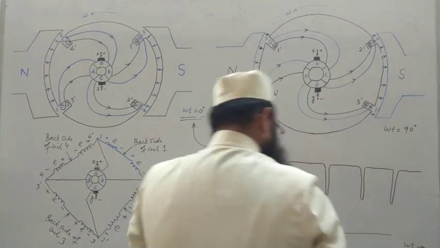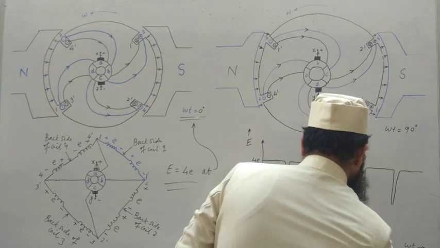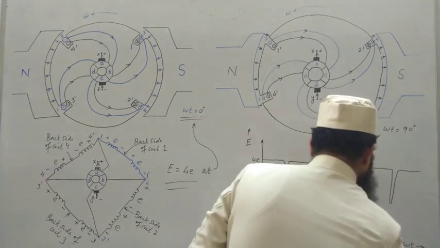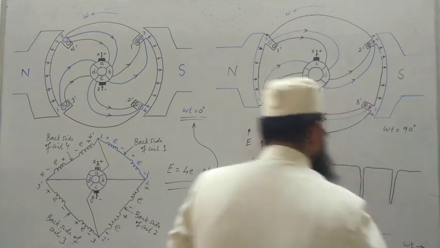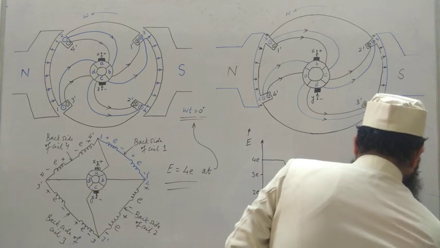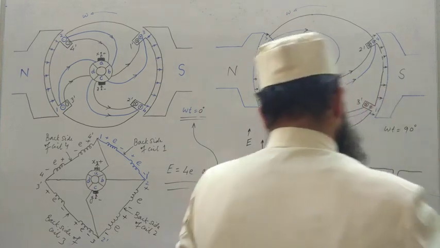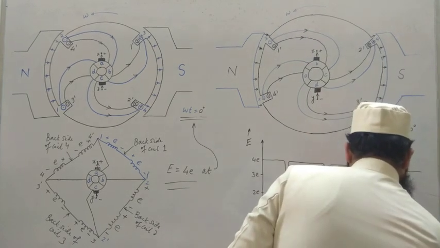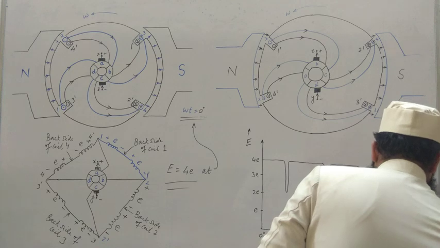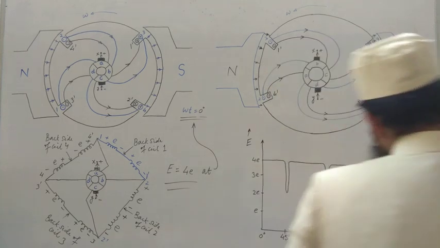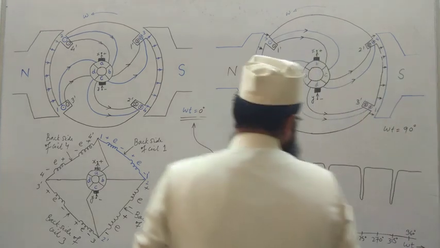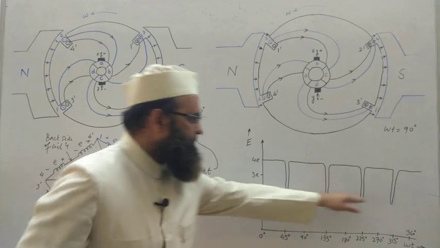Again add 45 degree, so 180 degree, then 225 degree, 270, 315 degree, and again add 45 degree, so here it will be 360 degree, and so on. This is 2E.